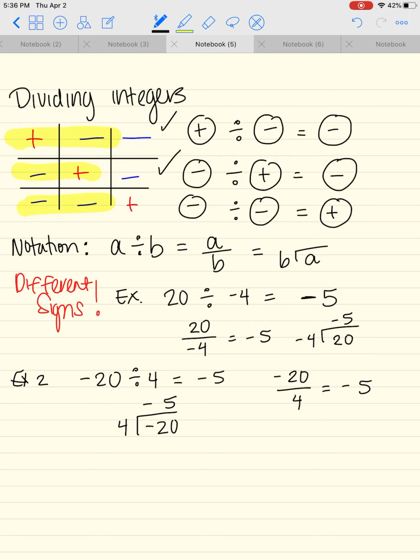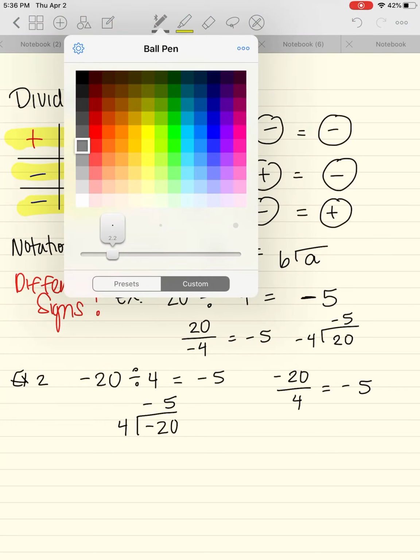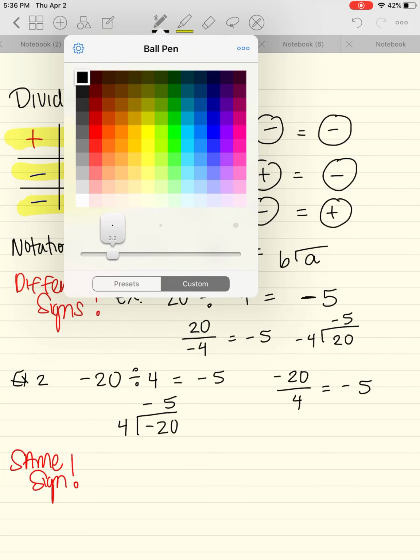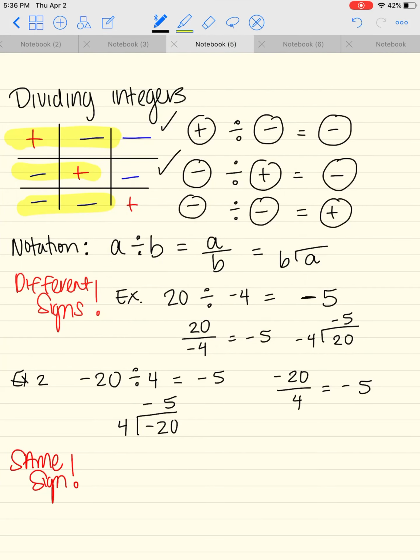If you haven't noticed a pattern by now, or the rule, when you are multiplying and dividing, every time you're dividing two integers that have different signs, you will always end up back with a negative. However, when you multiply or divide by integers that have the same sign, let's make both the 20 and the 4 negatives now.